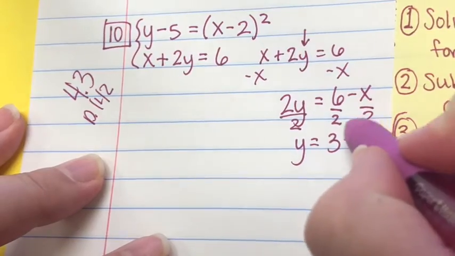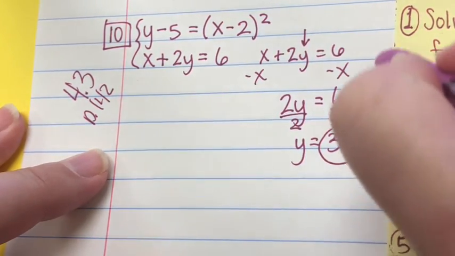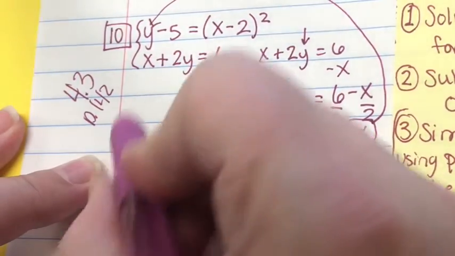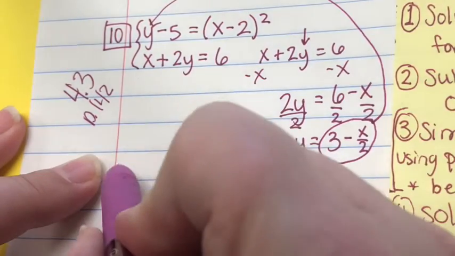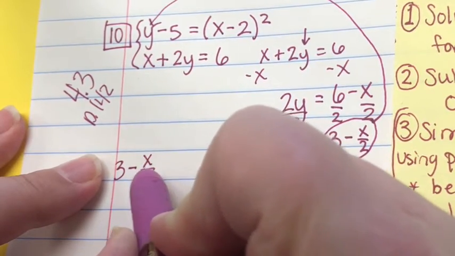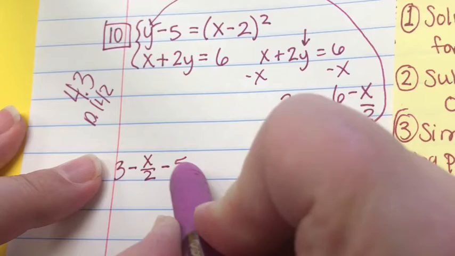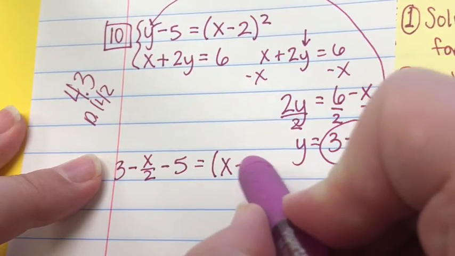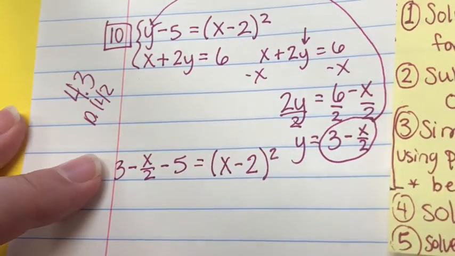So now I'm going to replace this whole thing in right there for that y. So instead of y minus 5, I'm going to write this. So 3, substituting that in, minus x over 2, minus 5 equals x minus 2 squared.